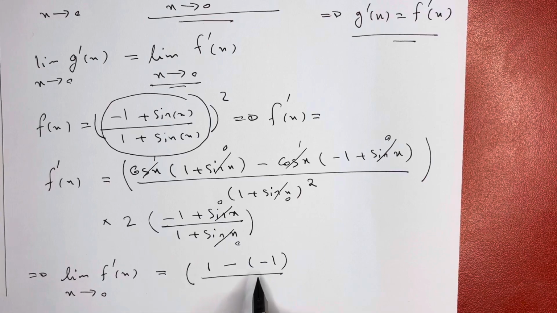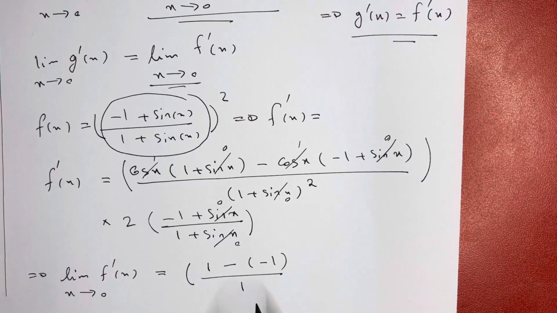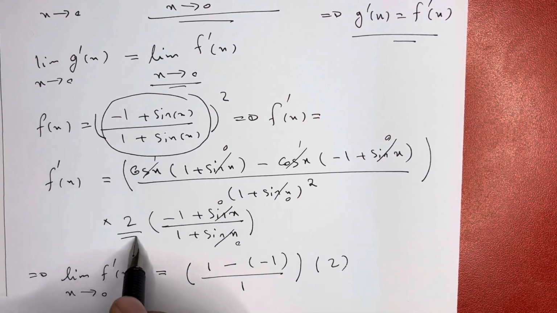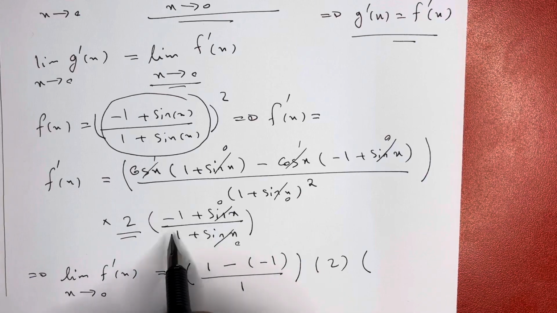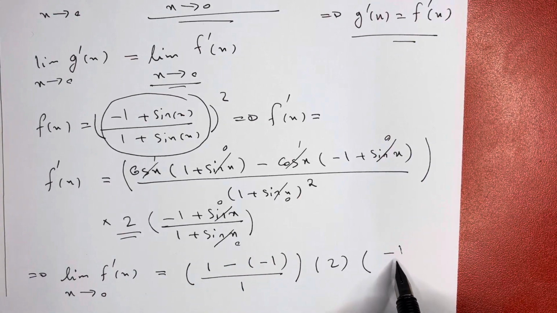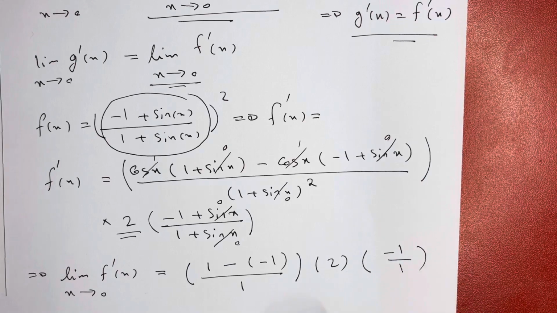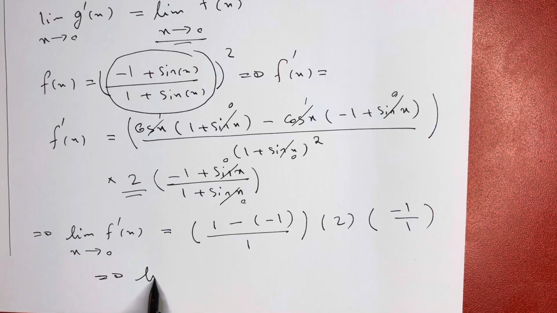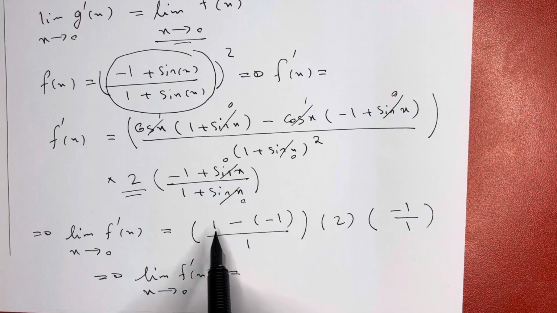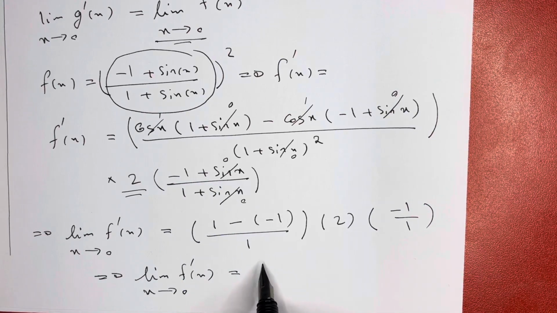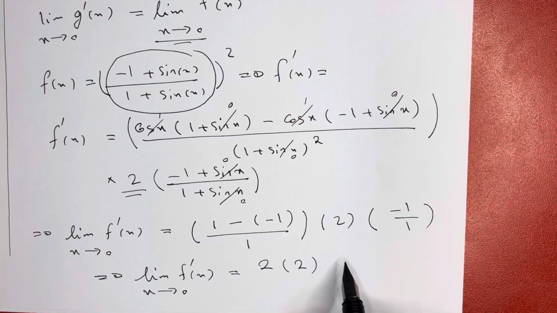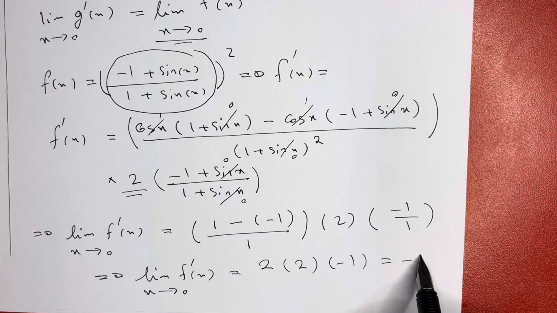In the denominator we have 1 squared, which is just 1, times 2, times this guy, minus 1 plus 0, which is minus 1, divided by 1 is minus 1. So at the end, the limit of f prime x when x goes to 0 is 1 minus minus 1, which is 2, times 2 times minus 1. That will be minus 4.